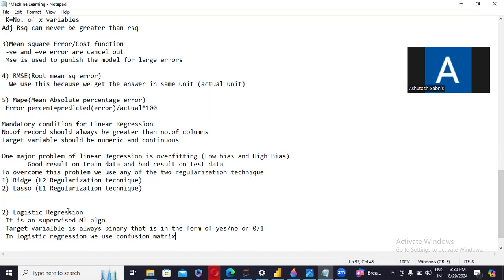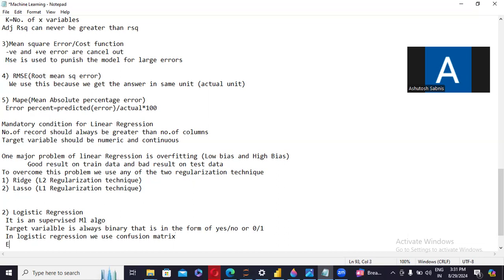Is the confusion matrix good? If it is good, then go further. And if it is not good, like if the problem is of oversampling or undersampling, we have to deal with it. Don't worry, I will teach you oversampling and undersampling in my next few videos. So now we will learn about the confusion matrix.